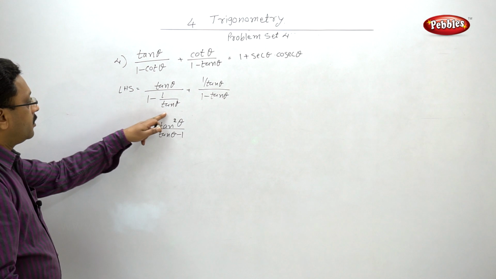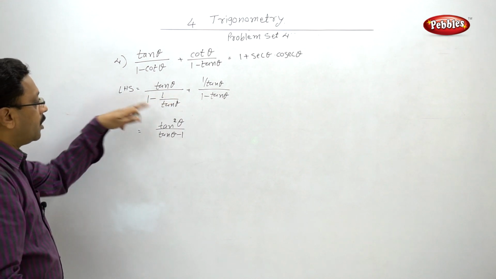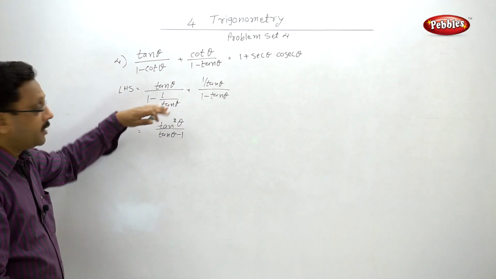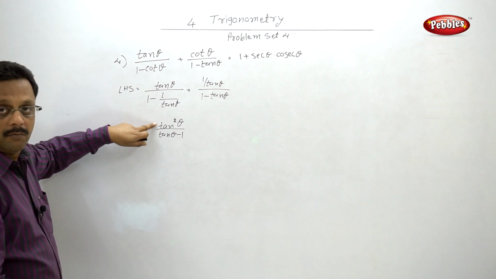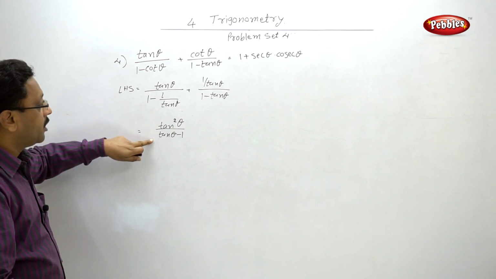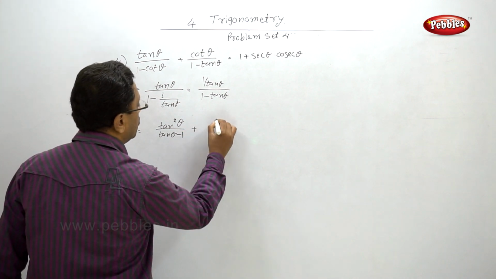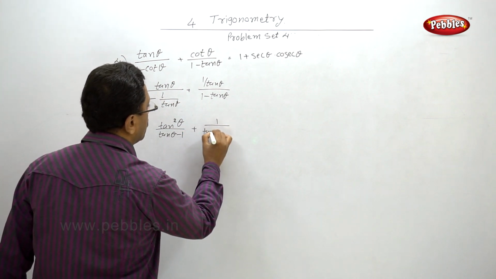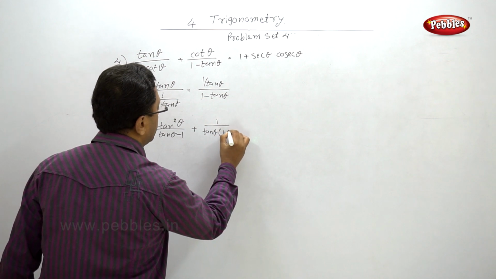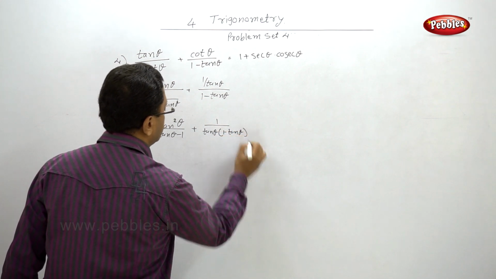Cross multiplying here, tan theta minus 1 upon tan theta, that tan theta will go up and will become multiplied by tan theta. So tan square theta upon tan theta minus 1. And here we have 1 upon tan theta, 1 minus tan theta.